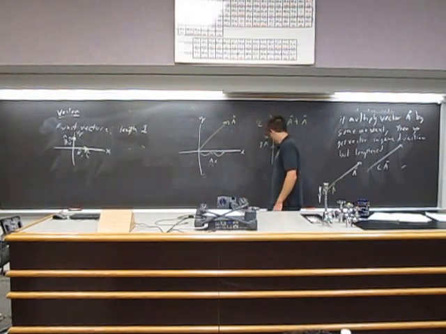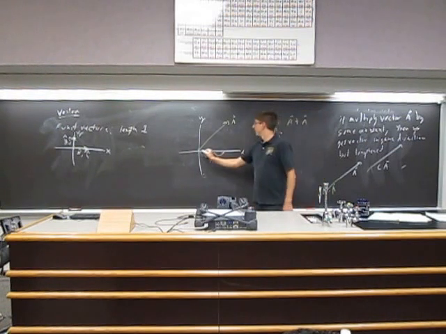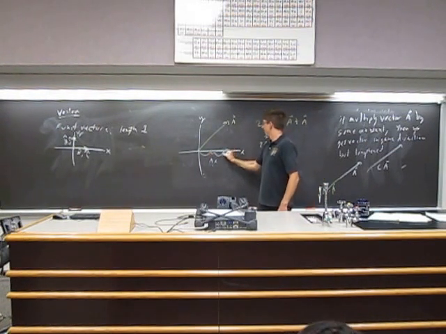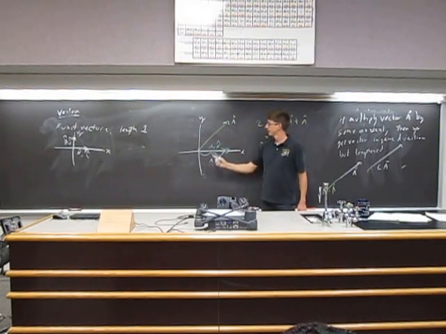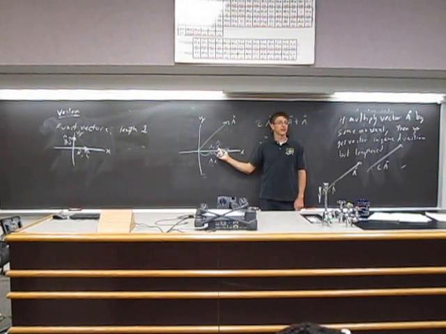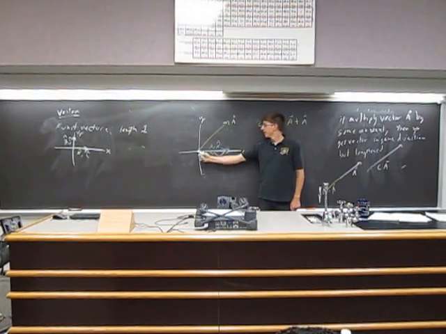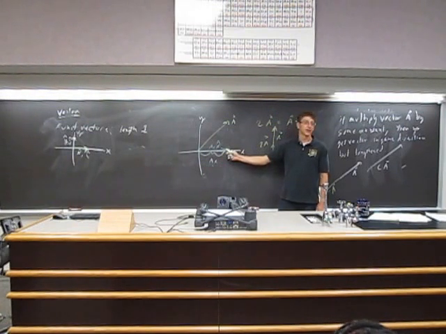So I could represent a vector here as a sub x, x hat. I take the unit vector x hat, scale it by the length in that direction, and this gives me a vector here, a sub x, x hat.